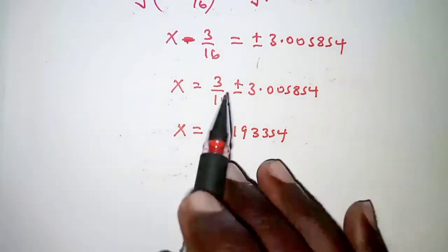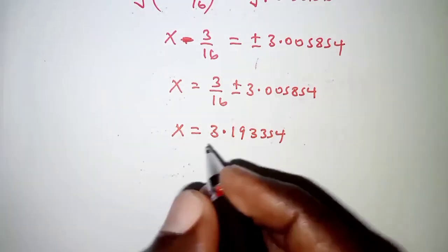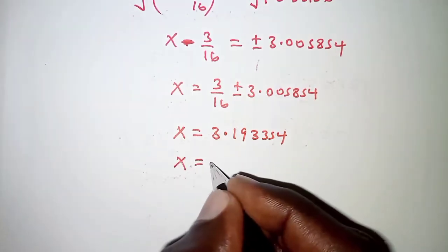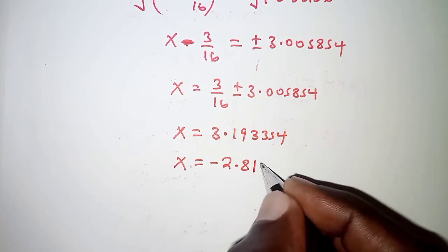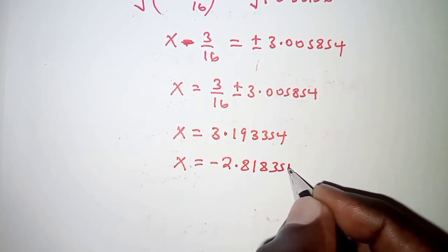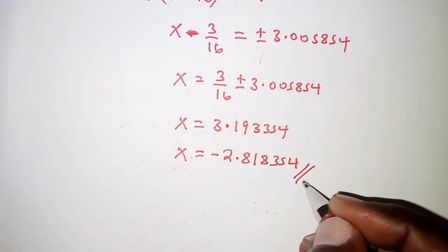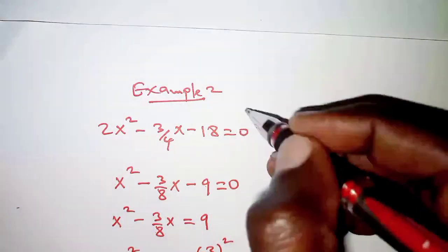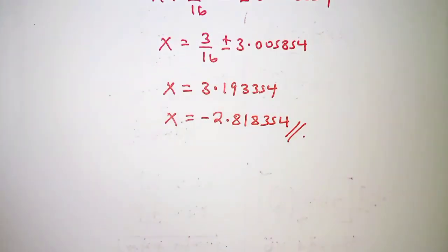And for the second one, 3/16 minus 3.005854, the value is negative 2.818354. And finally, we have come to the solutions of this quadratic equation using completing the square, of course.